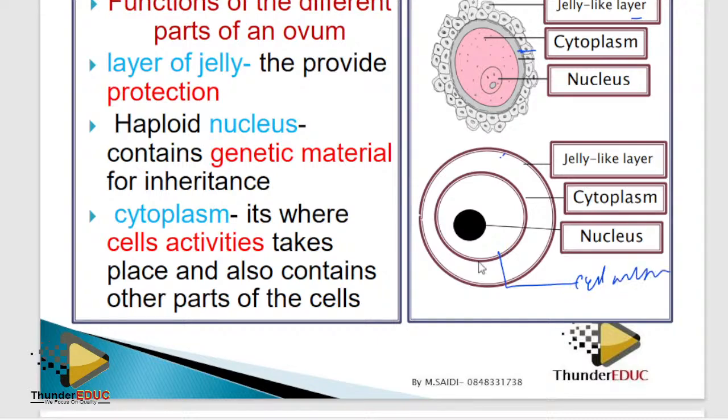The inside one is what we call the cytoplasm. Then the dense body is what we call the nucleus. Whenever they ask you the adaptation of a nucleus, think about genetics, inheritance. That's it. Is it clear?